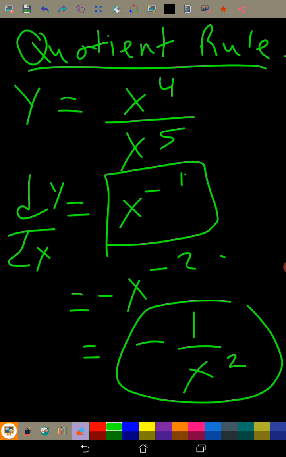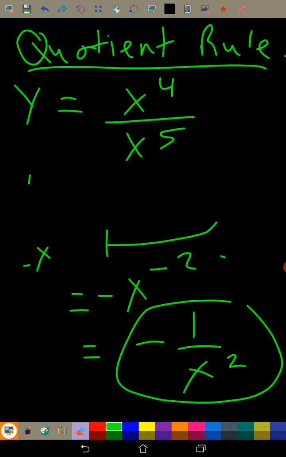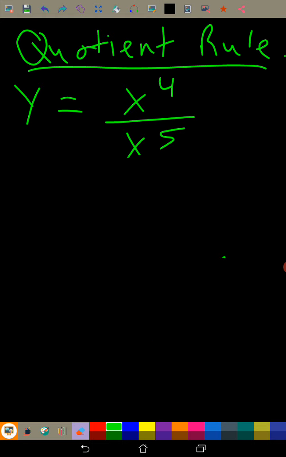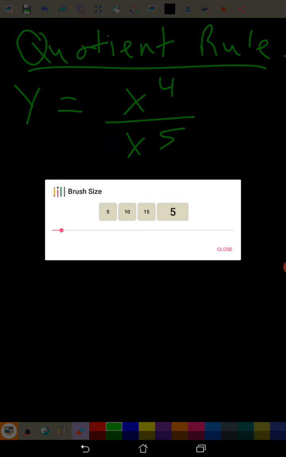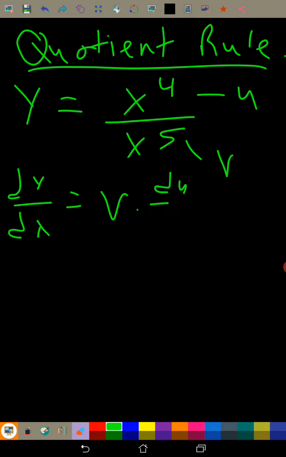But if we can't simplify it, we're going to use, remember that this is the answer for the differentiation, the dy by dx. So I hope you will remember, but let's do this. The quotient rule is just like this. dy by dx is going to be, let's call this v, let's call this u, v times du by dx.